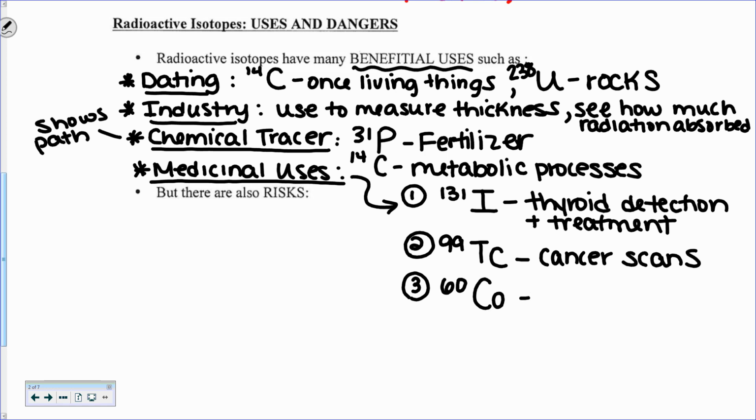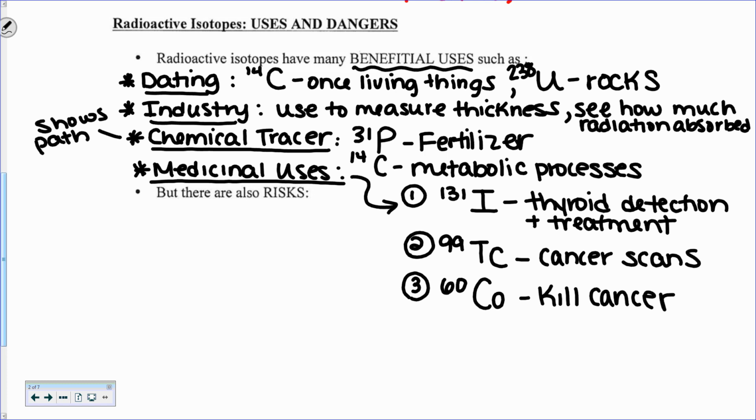So cobalt-60 is used to kill the cancer as best that it can. When they use those radioactive isotopes medicinally, remember that they're weighing the benefits and the risks. There is a risk that we're giving them something that's radioactive. But the benefit is, if I can make someone live a little bit longer, then it might be worth it.